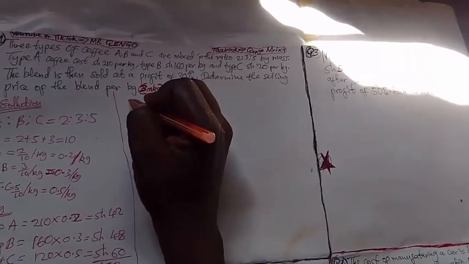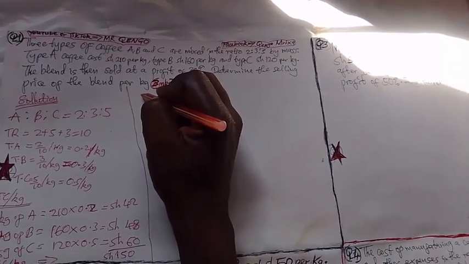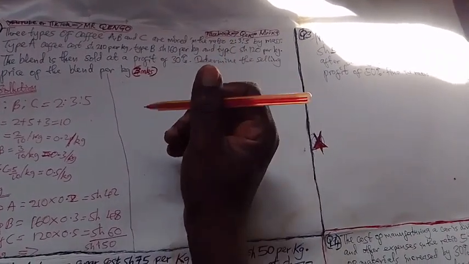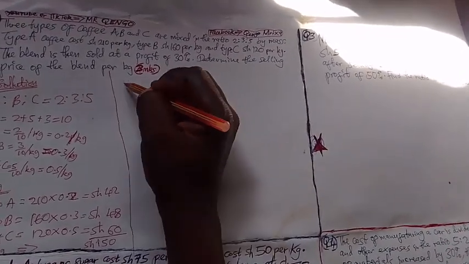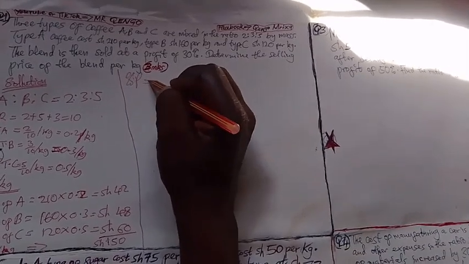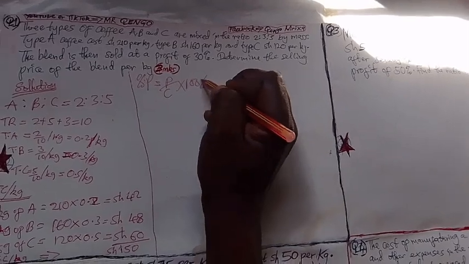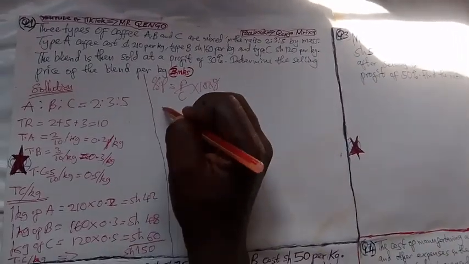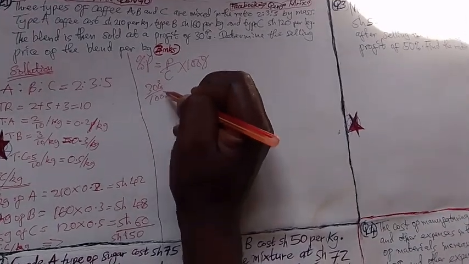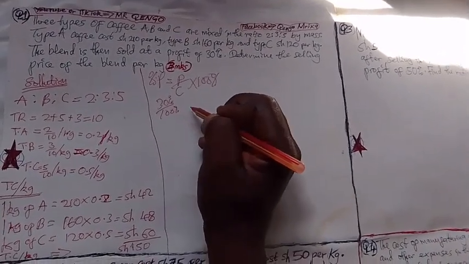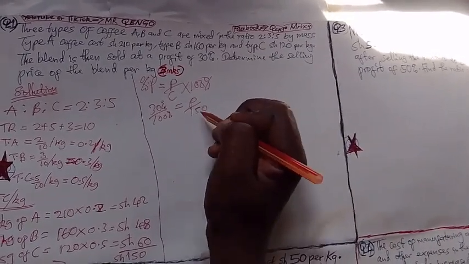Step 5, percentage profit is given by profit over cost times 100%. Therefore, 30% of 100 is equal to profit over 150.